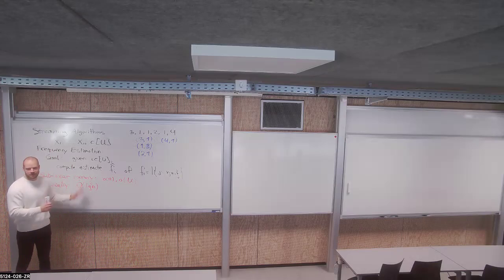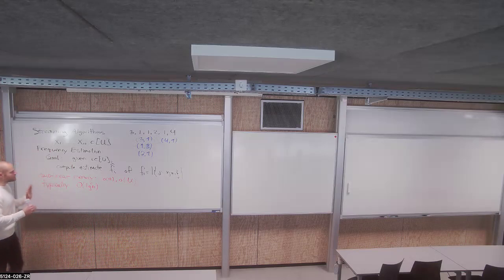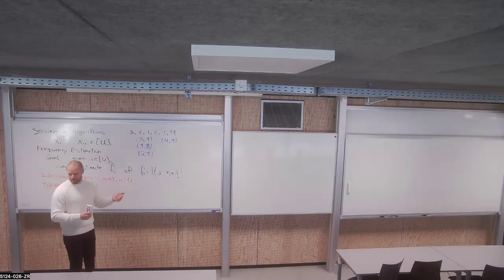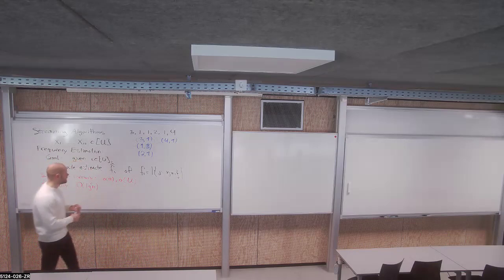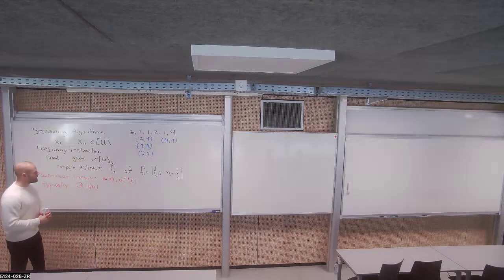So people in this research field really care about how many bits you're storing. For us today, we're just going to measure space as we normally do, in words. It won't be that important. I think for us, the most important thing is really how these streaming algorithms work. But this is the overall problem.